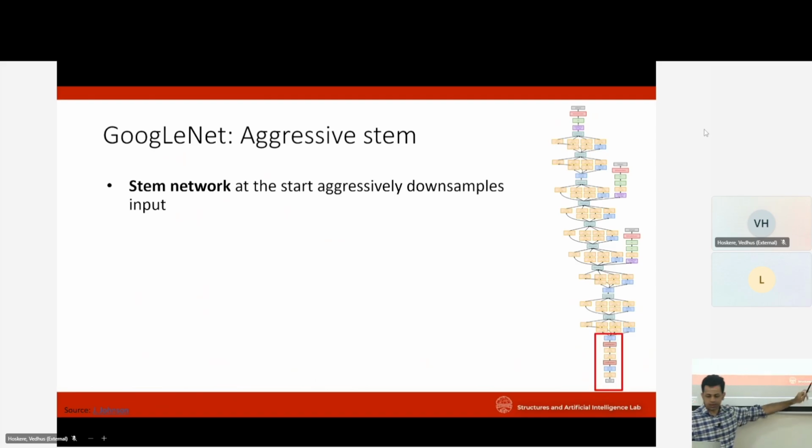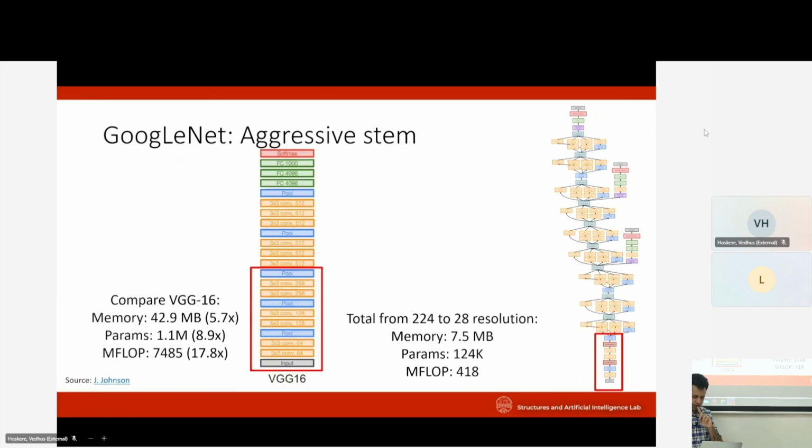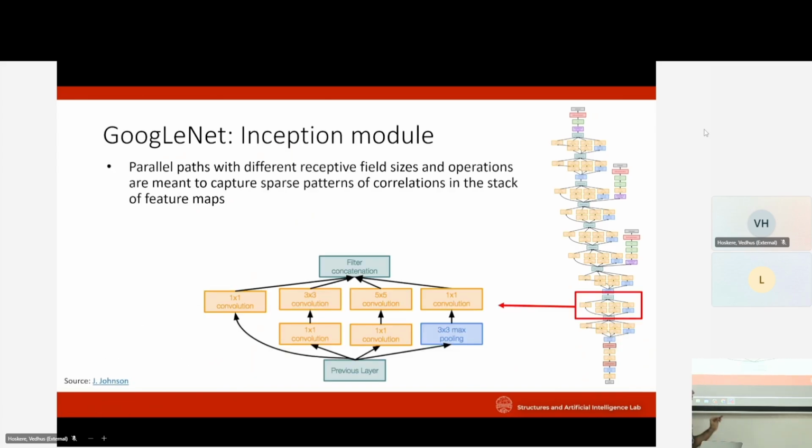Here they have a lot of downsampling. You can see the strides here, they're all 2, 2, 1, 1, 2, so it reduces from 224 to 28. And then you have these inception modules, which have multiple layers of operations.